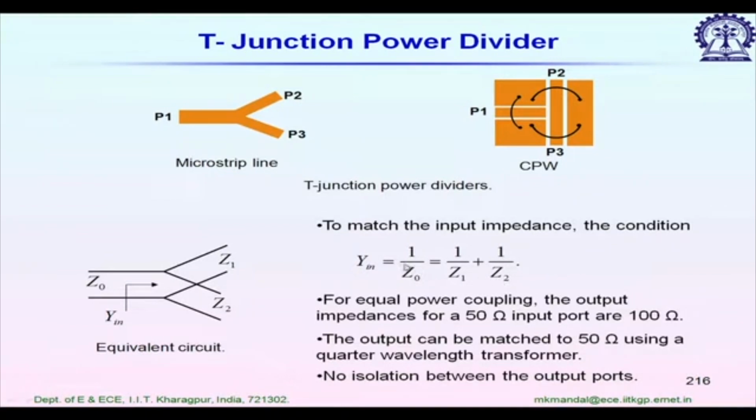Now if Z0 is 50 ohm and I want equal power split between port P2 and port P3, we should have Z1 equal to Z2, and 1/Z1 + 1/Z2 should be equal to 1/50. So Z1 and Z2 each should be 100 ohm.